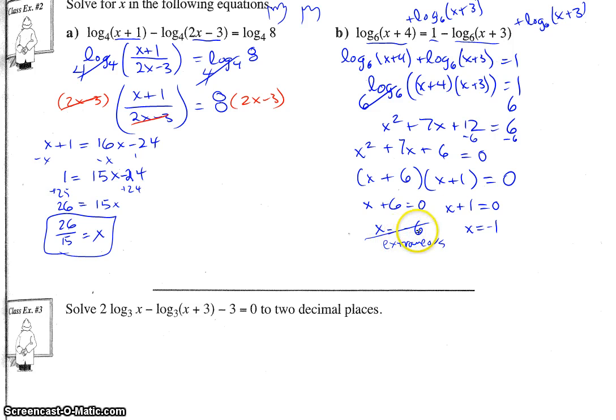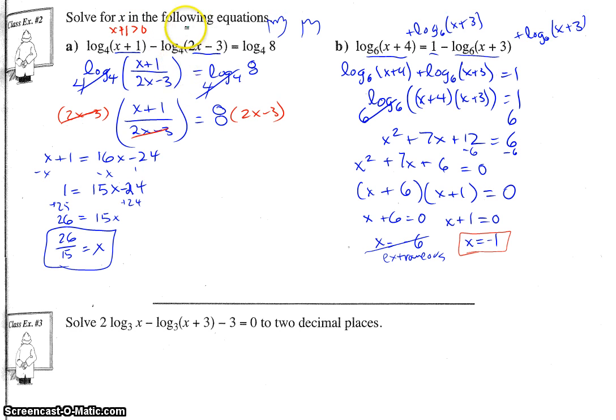Because when you sub -6 back in and we get a negative number inside the log, this answer would be extraneous. This would be our actual answer. If you look at it in terms of the domain on the log, going back to this one, x plus 1 has to be greater than 0, and this one, 2x minus 3, has to be greater than 0. Solving each inequality, for this one x has to be greater than -1, and in this one x would have to be greater than, bring the 3 over, divided by 2, 3/2.